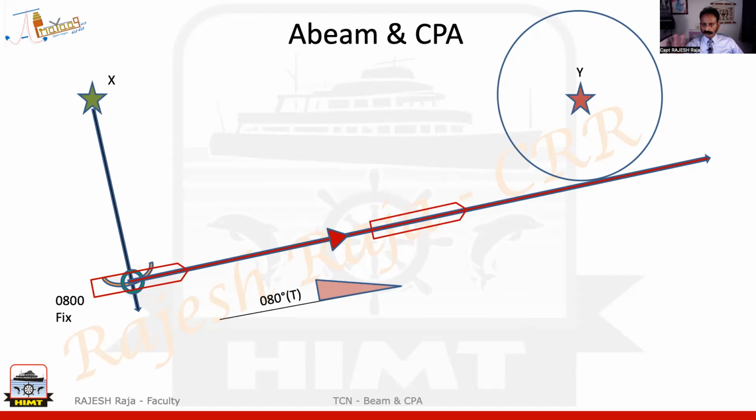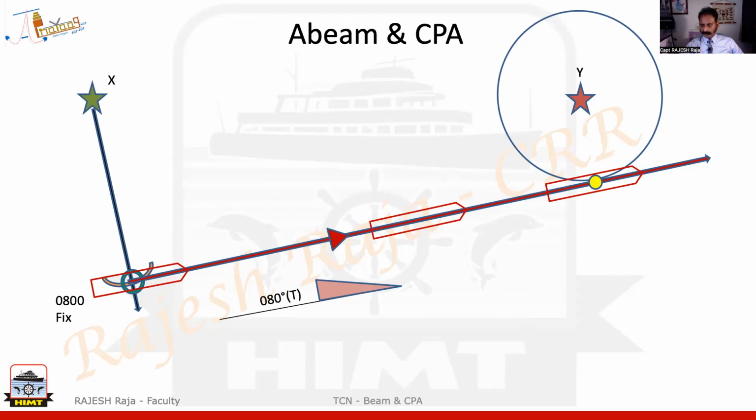Now I have two jobs. I need to find what is beam and what is CPA. Please remember, CPA is always based on position. So he's asking you, where will you be the closest with the lighthouse? It's very, very evident on this diagram that my tangent point, exactly where my course line is skimming the circle, tangent point is going to be my closest point of approach.